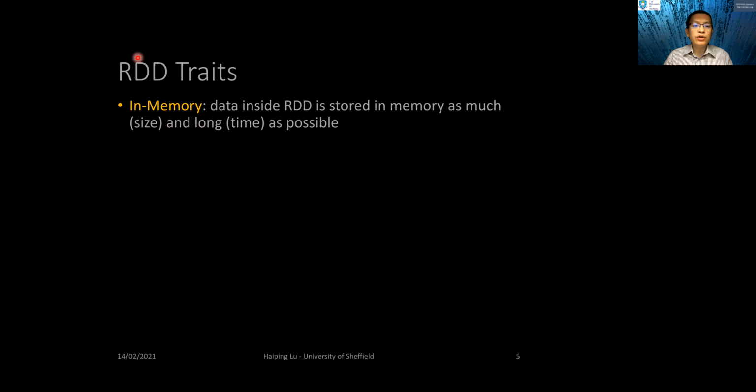And there are several characteristics of RDD. The first one and most important one is in-memory computation. In the design of RDD, the principle is to keep data inside of RDD stored in memory as much as possible and as long as possible.